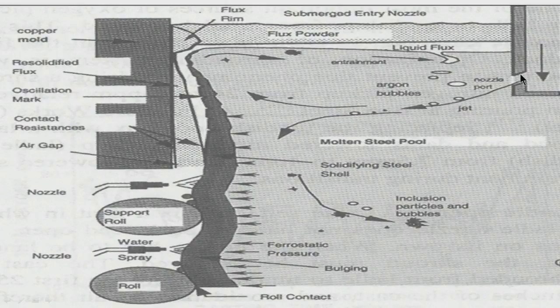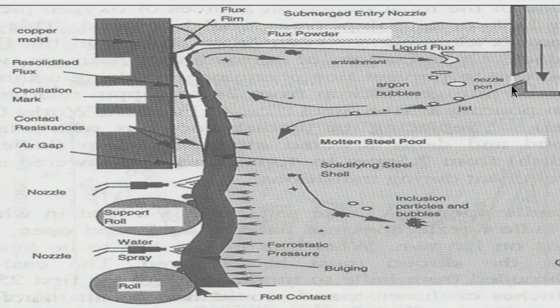Moreover, the liquid steel is coming out from these ports. If there is not enough submergence, there will be too much turbulence at the top, which is called the meniscus. At the meniscus there is a problem. So, this is called the submerged entry nozzle, it is submerged. What should the submergence be?